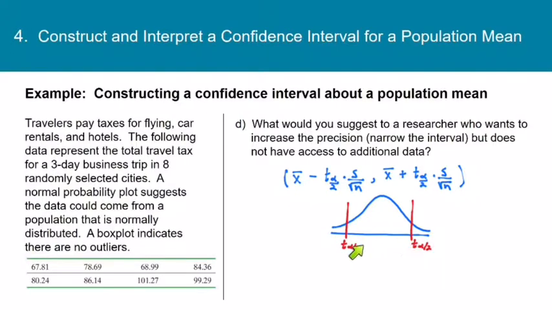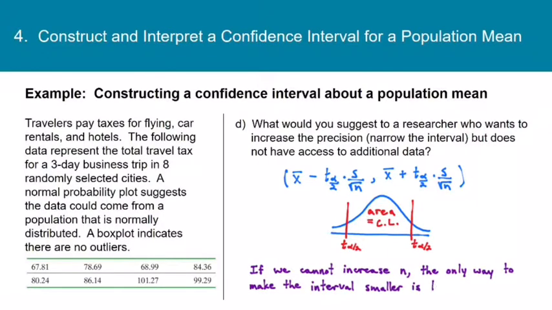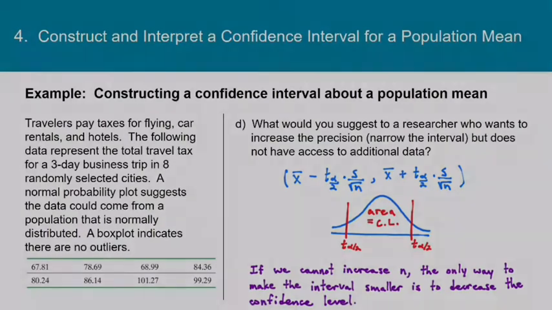So a wider confidence interval is going to be associated with a larger confidence level. If you need to narrow the interval, you need to decrease this area here, which means you need to decrease the confidence. So I would say if we can't increase N, the only way to make the interval smaller is to decrease the confidence level.